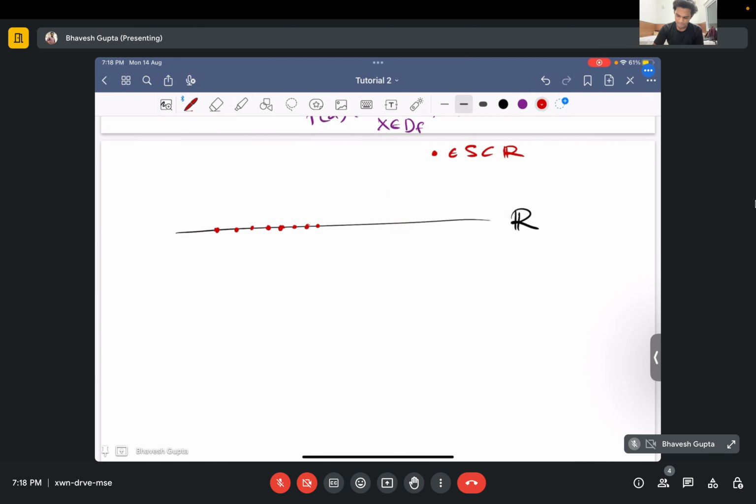Okay. So the idea is I can always create an interval. There always exists an interval, for example, in this real line.